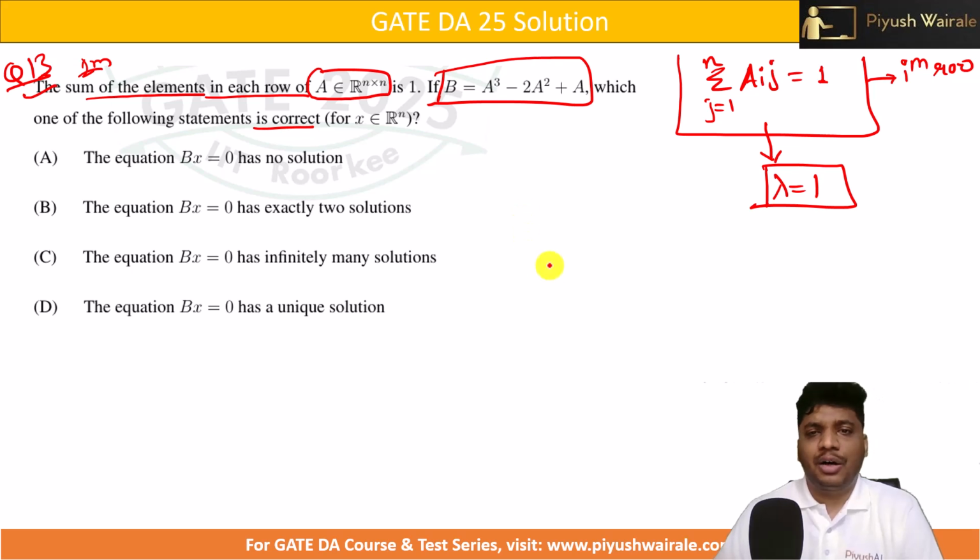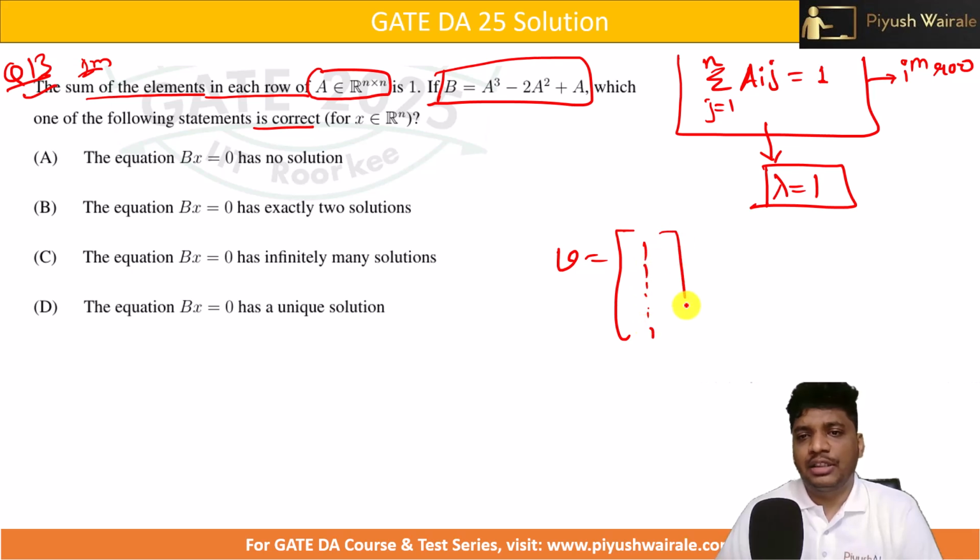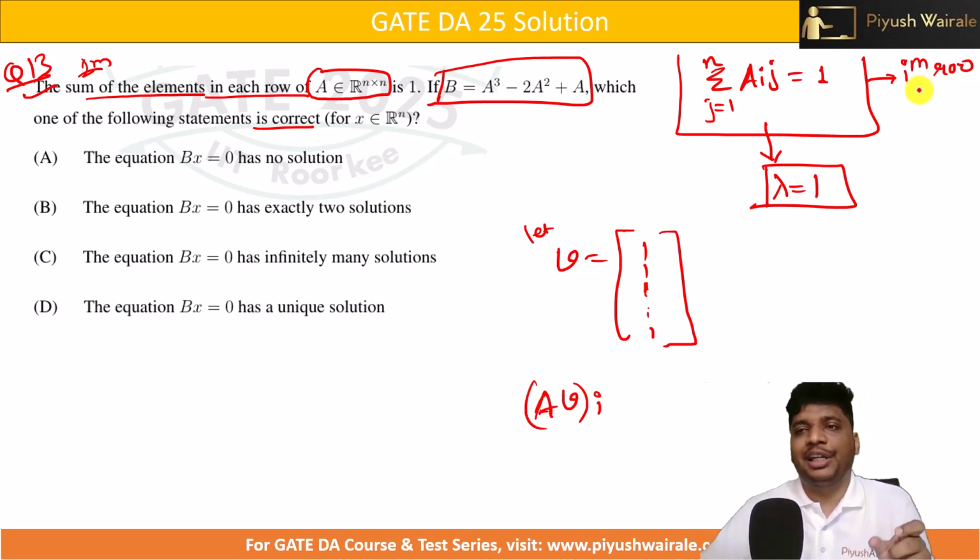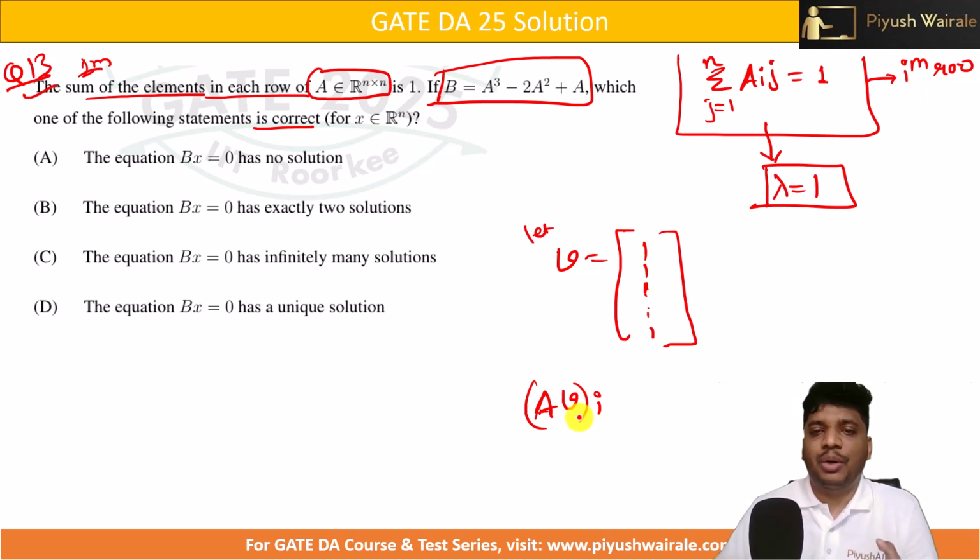Now let's consider a vector nu, for example 1 1 1 till 1. This is a column vector having all the elements 1. We are considering nu like this. Now what about A into nu for the ith row? We are discussing one particular row here.